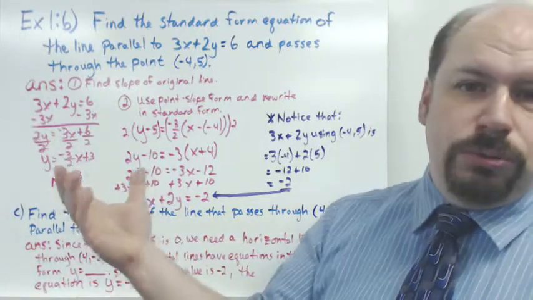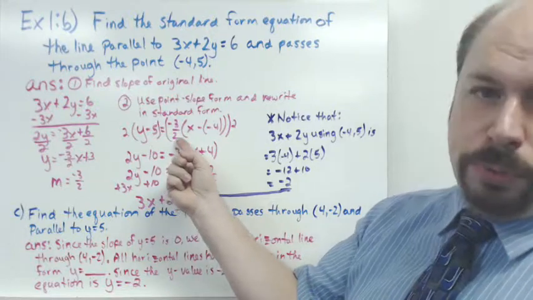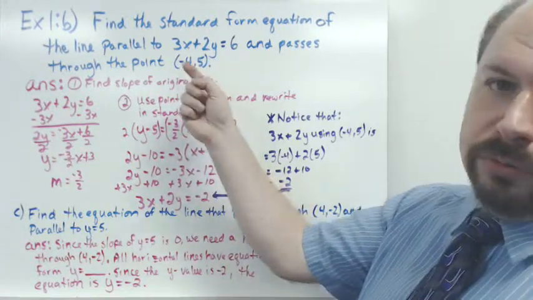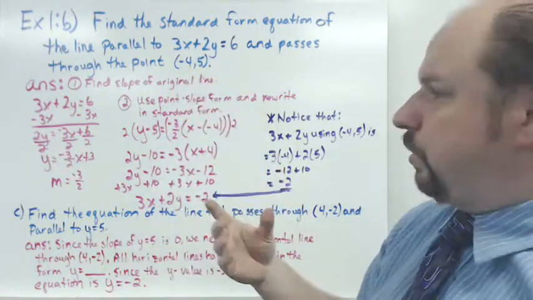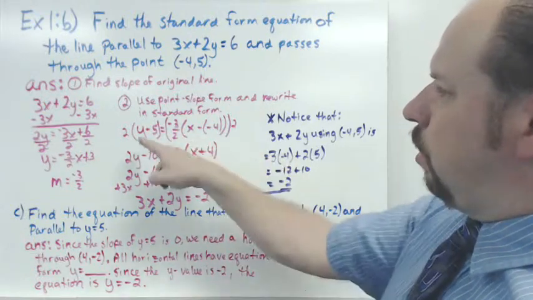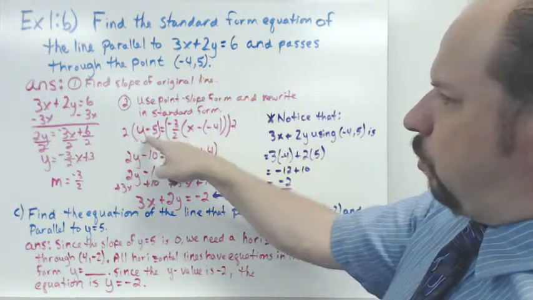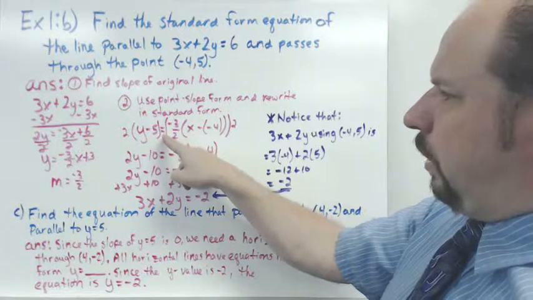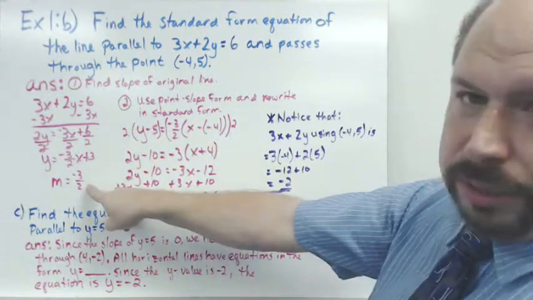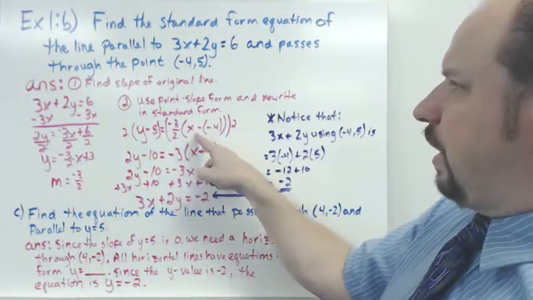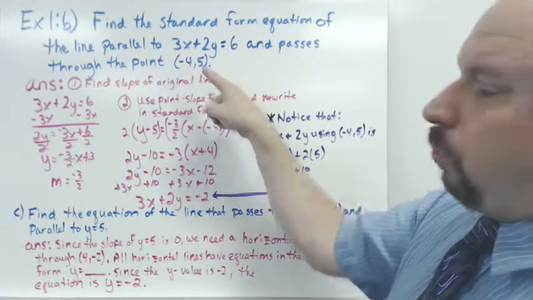So now use our slope and the point we are given to go ahead and write in point-slope form. So here's our y value. So y minus 5 equals m, negative 3 halves, times x minus negative 4, since negative 4 is our x value.